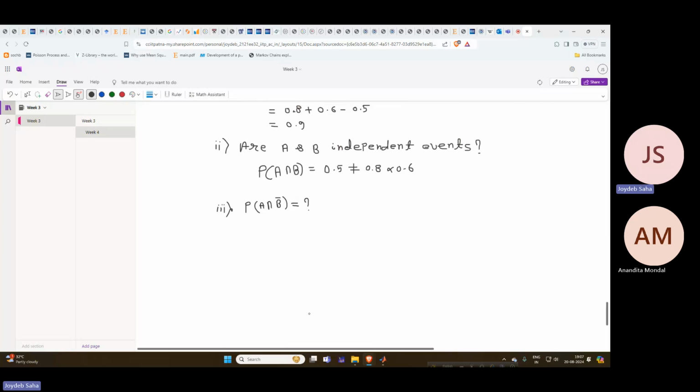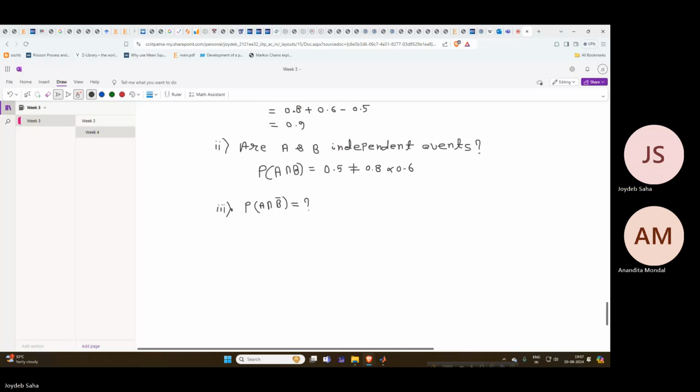Can you calculate this? Take 2-3 minutes and think.